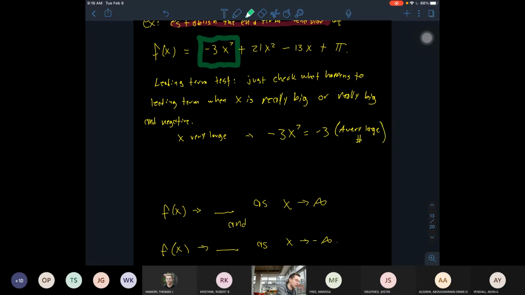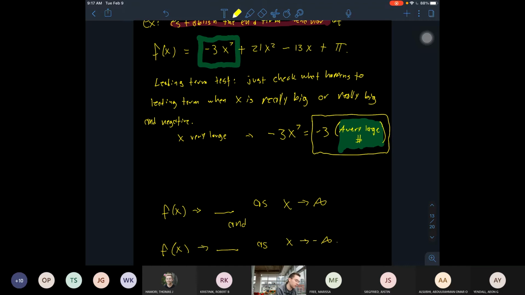Okay. And as this number gets bigger and bigger and bigger, the entire thing is going to get smaller and smaller in a negative way, right? Or bigger in a negative way, I suppose you could say. Just a matter of perspective. It's going to become a really extremely negative number, okay?